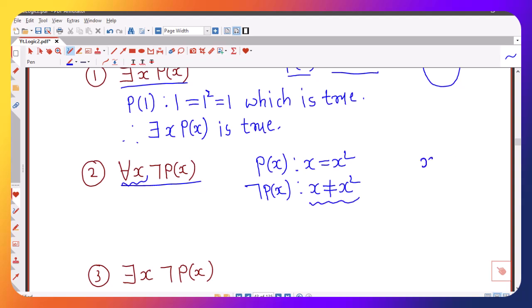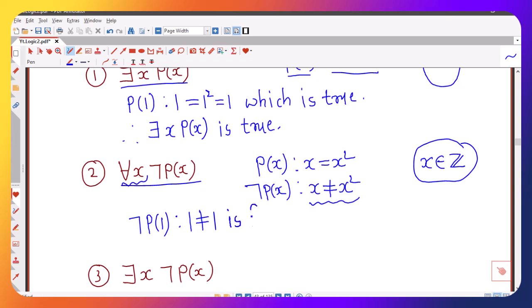Now x is in the set of integers. So if I take x equal to 1, then I will have negation of p of 1 as 1 is not equal to 1 square, which is 1, and this is false.